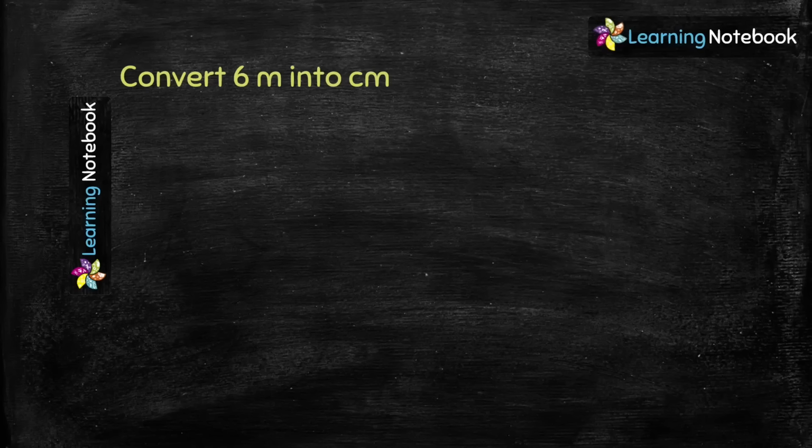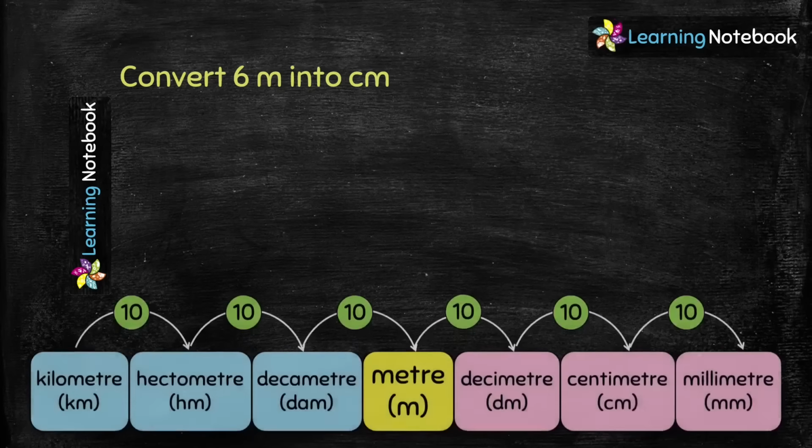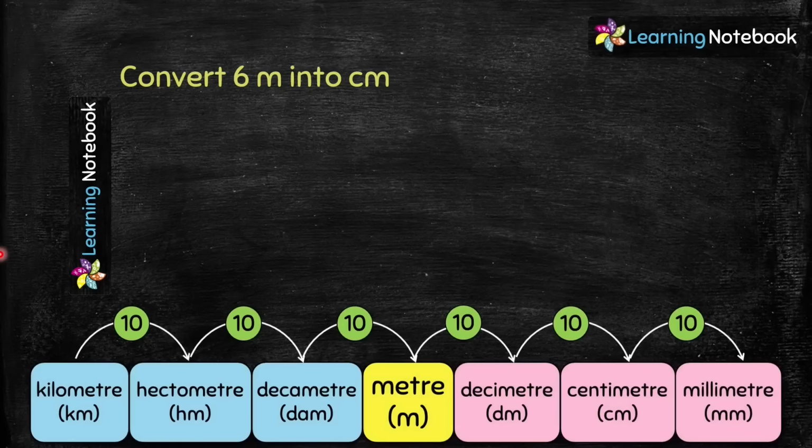Question 1 is, convert 6 meter into centimeter. Now students, to convert meter into centimeter, how many times do we need to jump? 1, 2. So it means 1 meter equal to 10 into 10, which is equal to 100 centimeter.